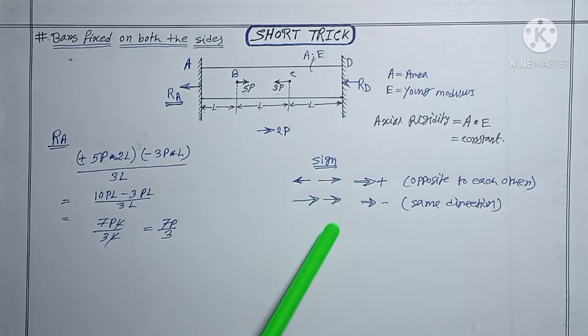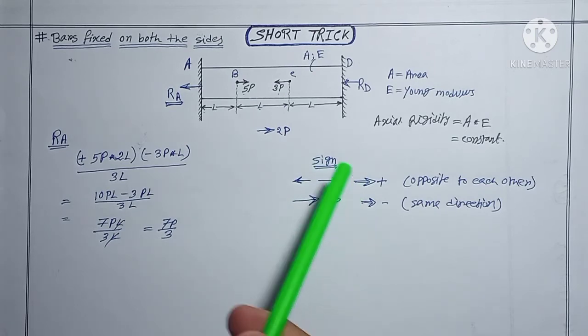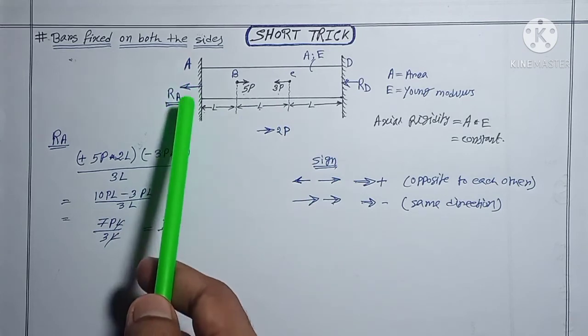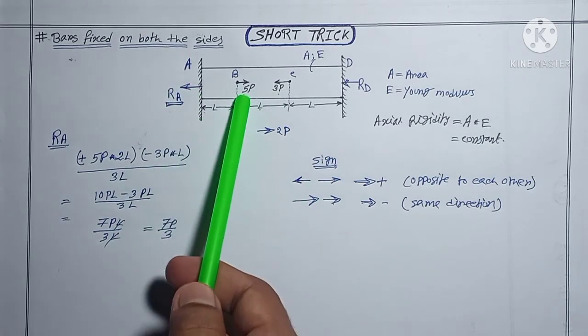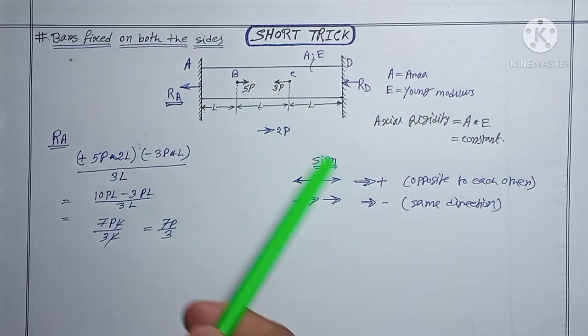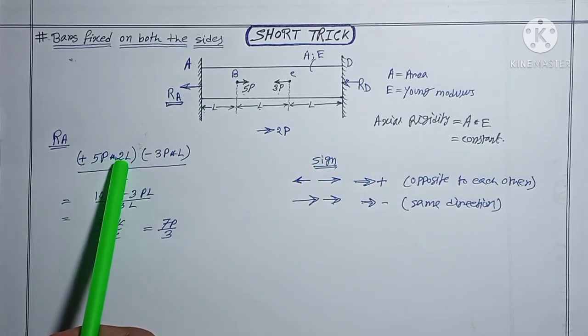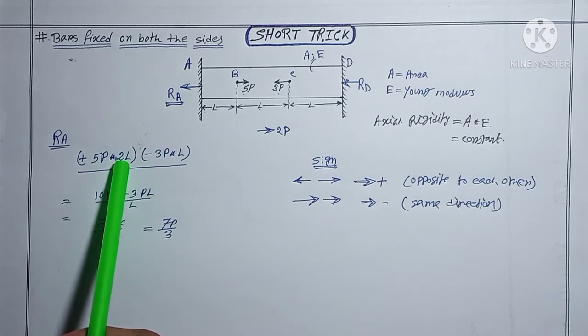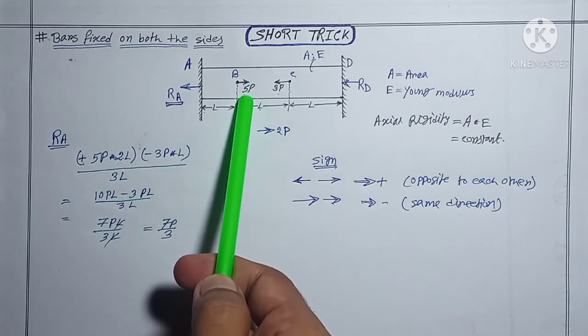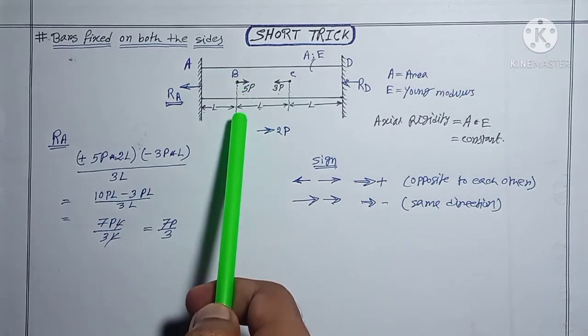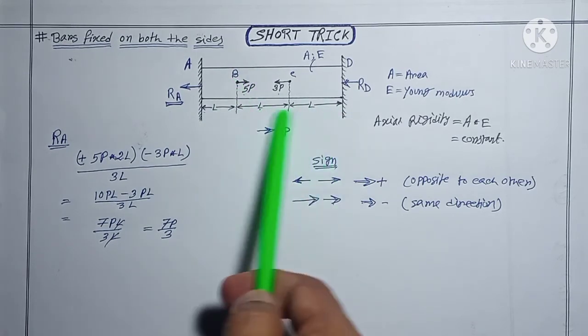In case of sign, carefully observe the direction of the force with respect to the force which you want to find out. So here 5P with respect to RA is opposite, so opposite is positive, so I take it positive, into the remaining distance from the point where the force acts. Here the 5P force acts at point B, so from point B the remaining distance is 2L.